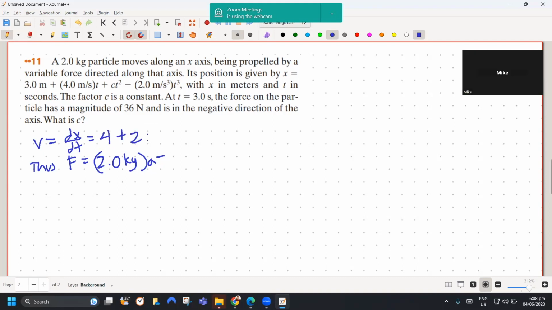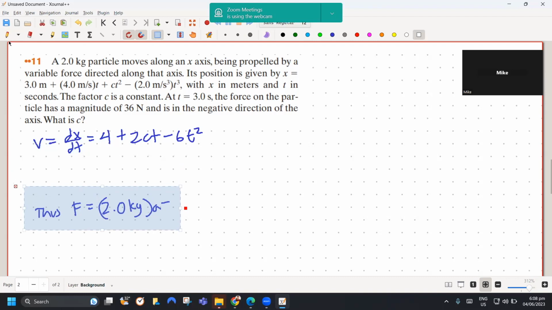So 4.4 plus UCT. Okay. And then, after that, acceleration naman.